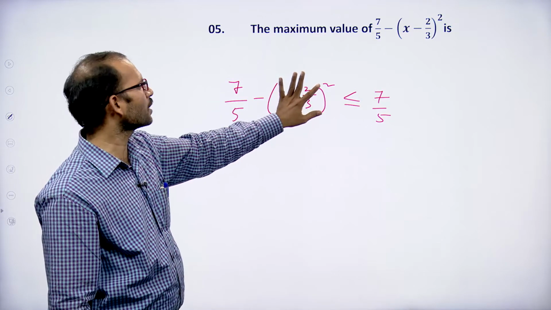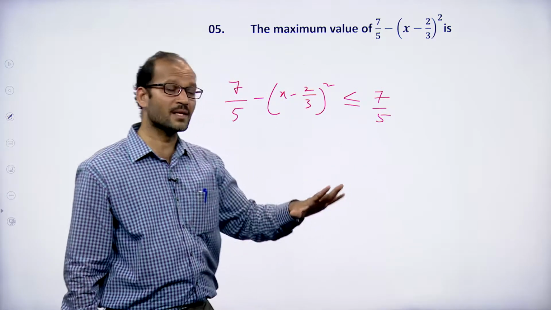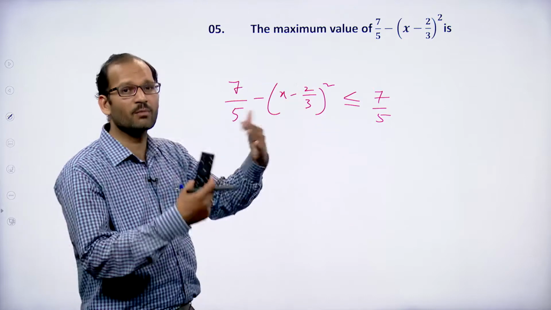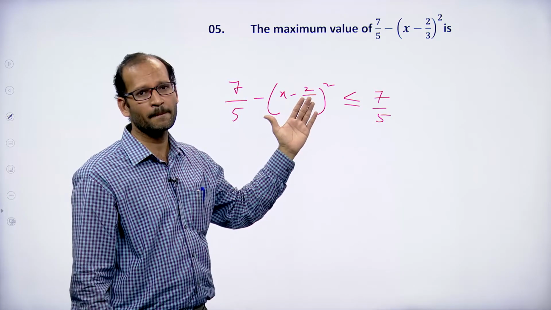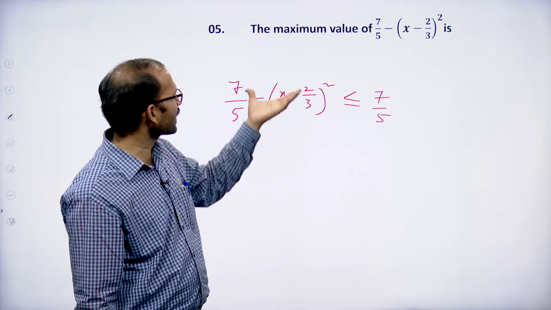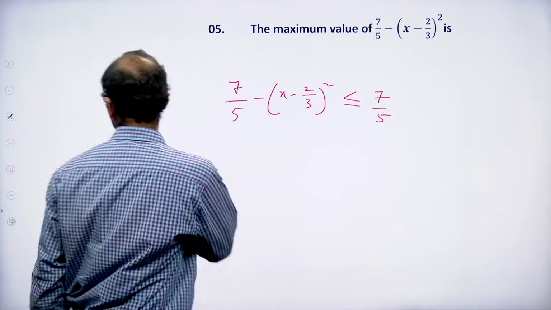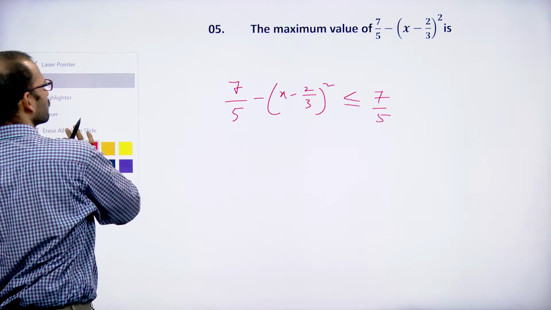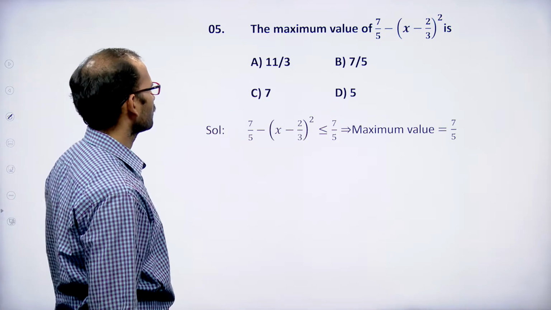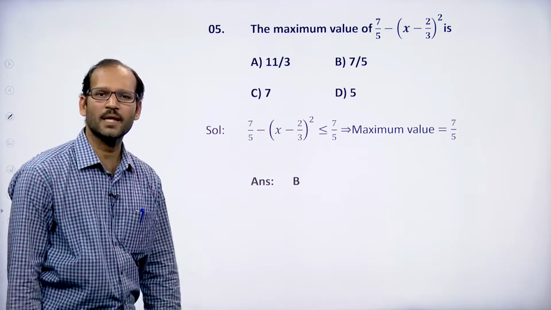Yes, when this becomes 0, then it equals 7 by 5. In all other cases, this expression value is less than 7 by 5, because you are subtracting something, right? So therefore, the maximum value of this expression is 7 by 5. Am I clear? Right. So this is always less than or equal to 7 by 5, therefore the maximum value is 7 by 5. Yes, 7 by 5 is my answer, right?